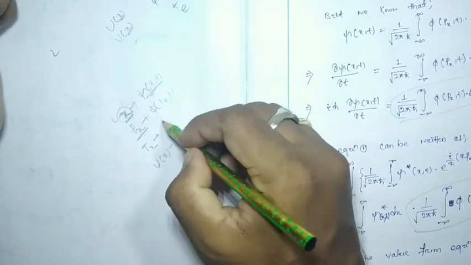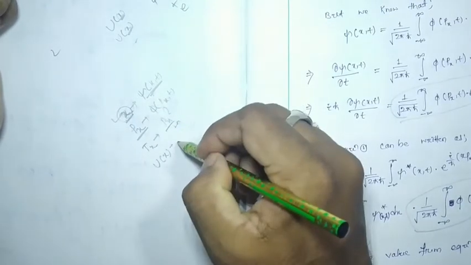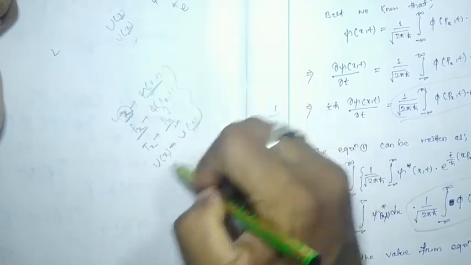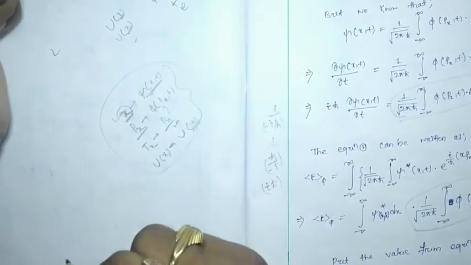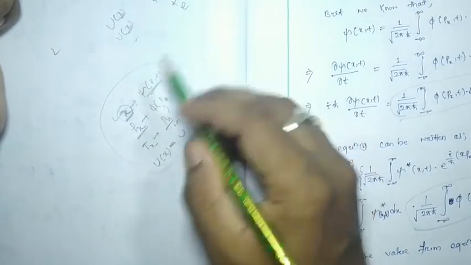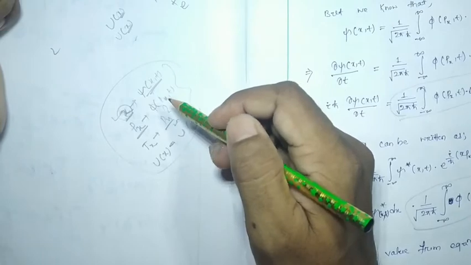Tx is equal to px square by 2m. Ux is the function of x. So here, all the parameters whatever we have derived are functions of either coordinate or momentum space.